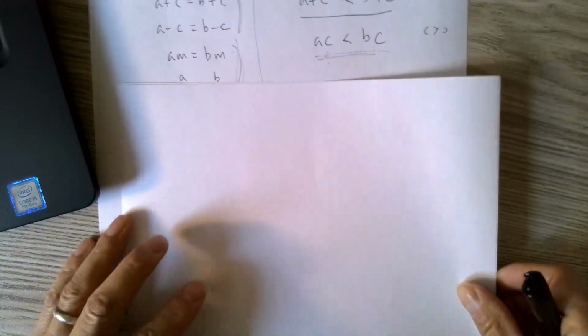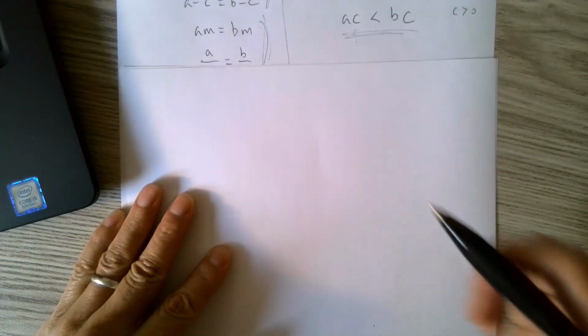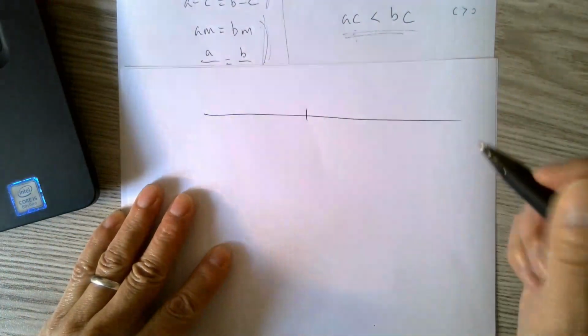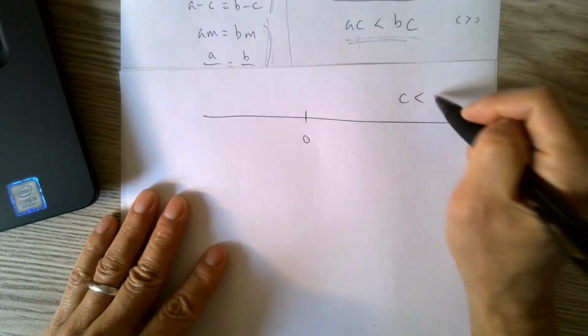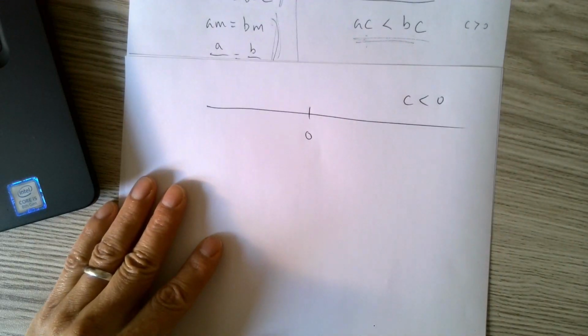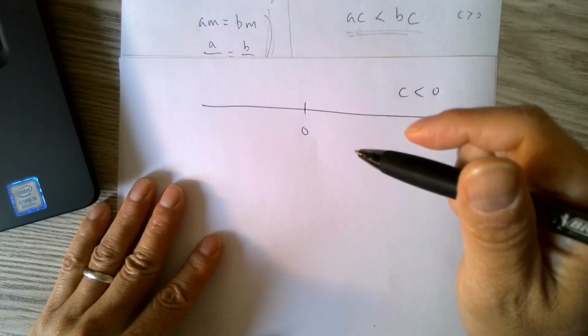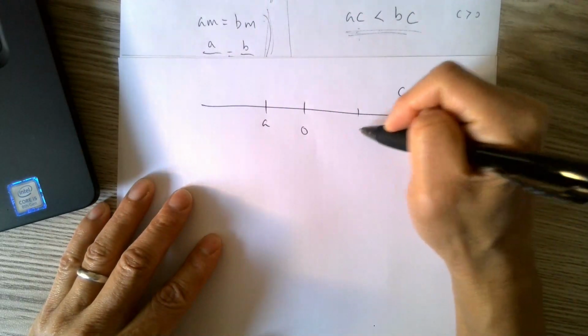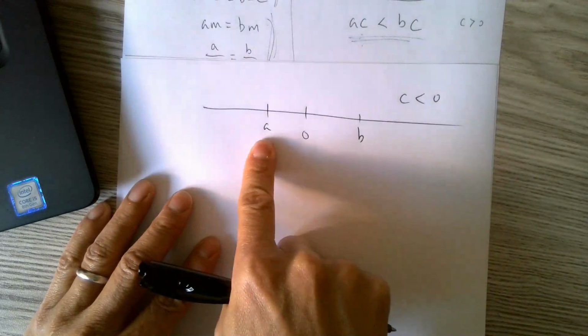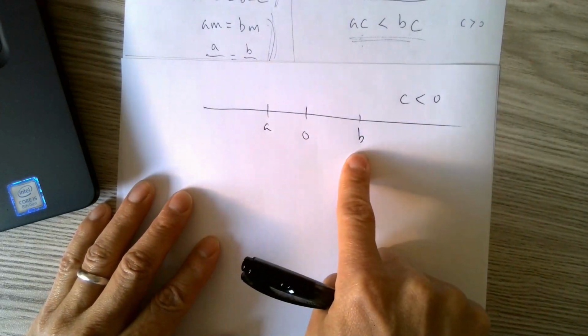Okay, now the last case we need to check is multiplying both sides by a negative. So let's use a negative number. And we'll have A start out negative and B start out positive.